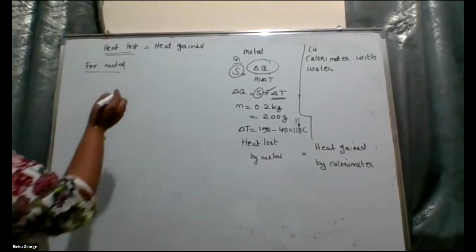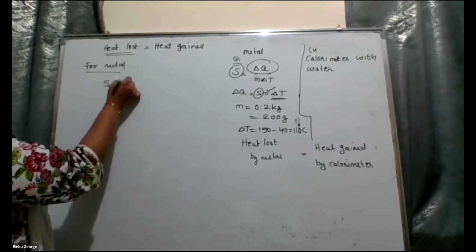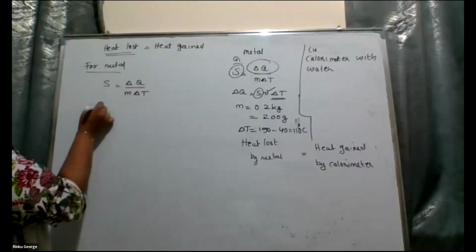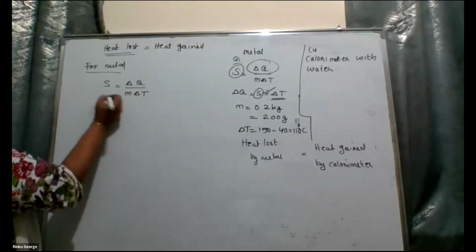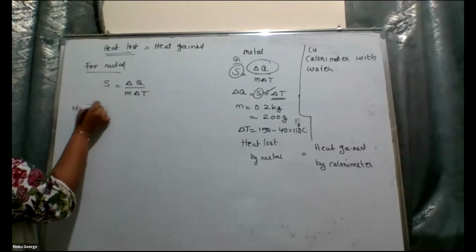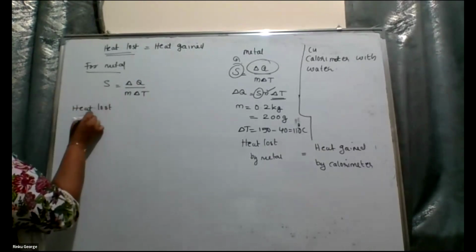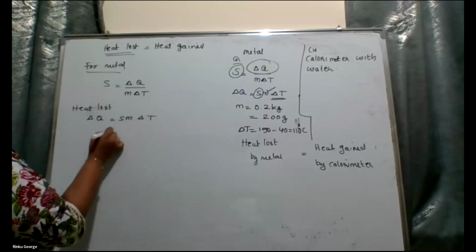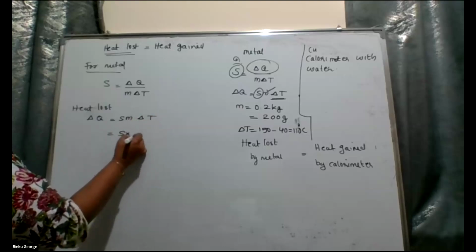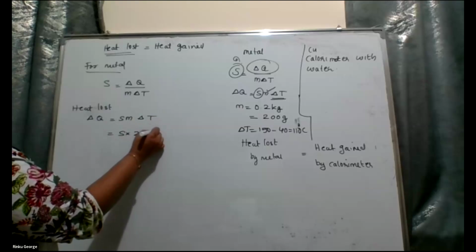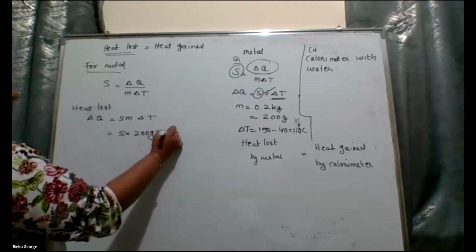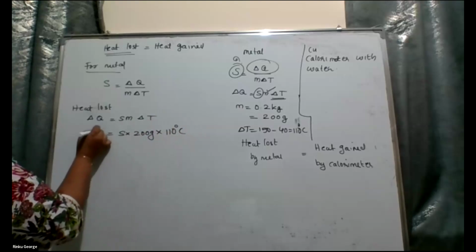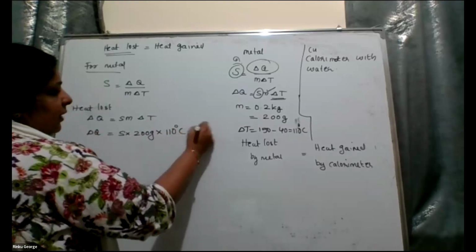So for the metal, you will write S is equal to delta Q by m delta T. So the heat loss, delta Q, is equal to S m delta T. So you will write S into m, which is 200 gram, into delta T, which is 110 degrees Celsius. Keep it as equation 1. This is okay, right?